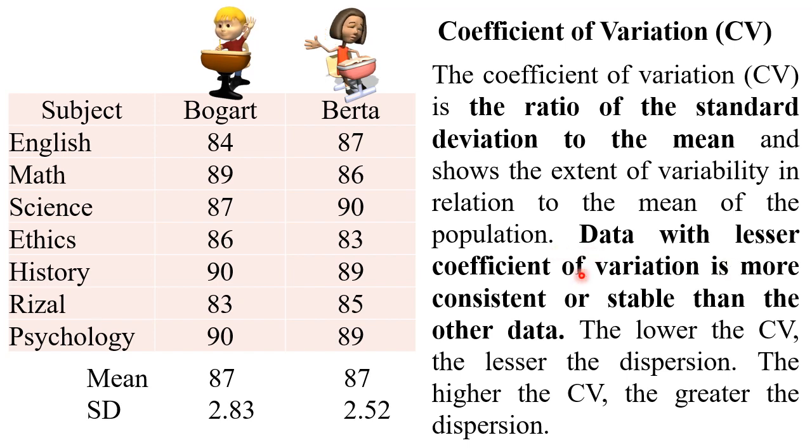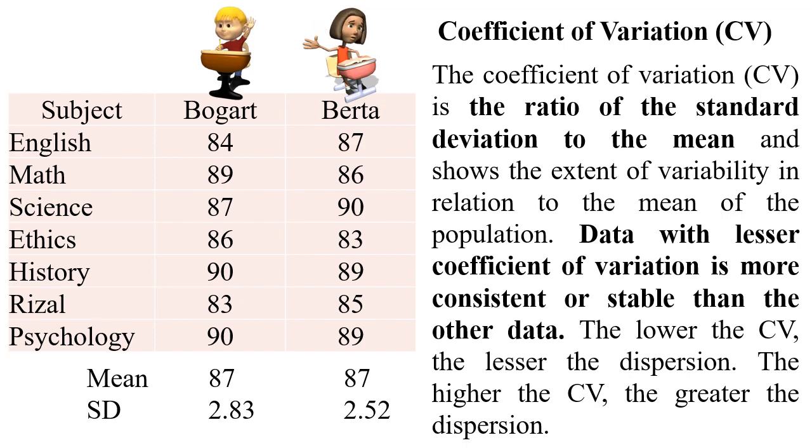So data with a lesser coefficient of variation in terms of percentage is more consistent or stable than the other data. So the lower the coefficient of variation, the lesser the dispersion. The higher the coefficient of variation, the greater the dispersion, provided, class, that they have the same mean values.